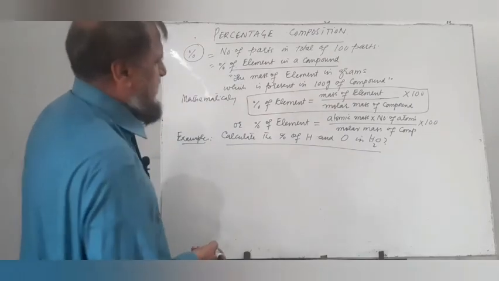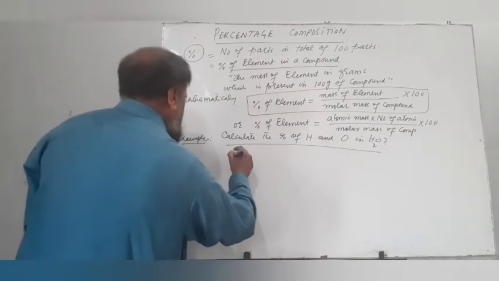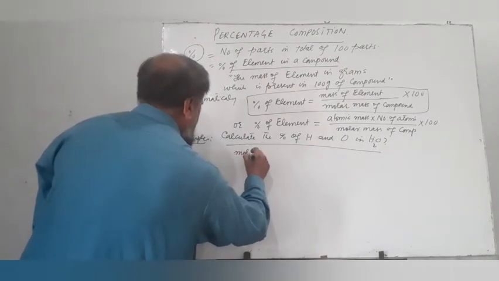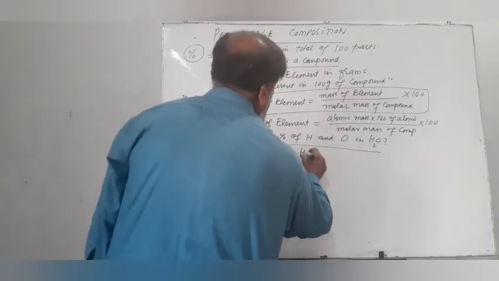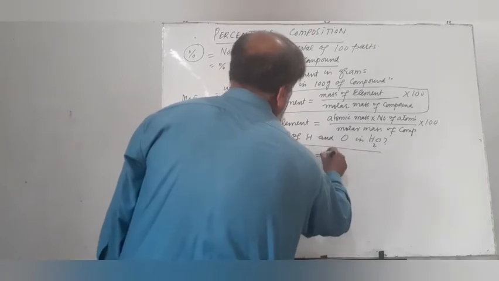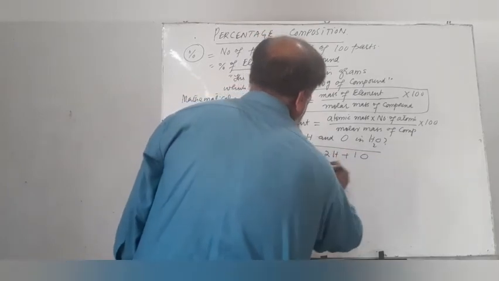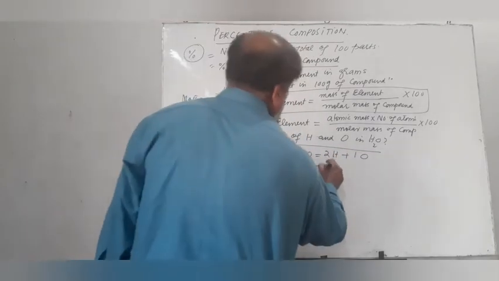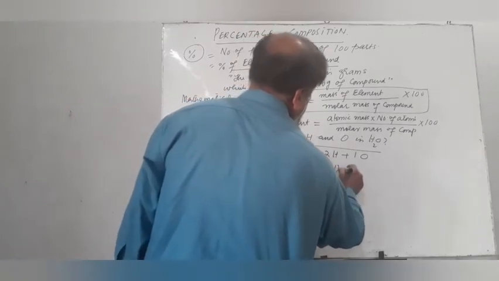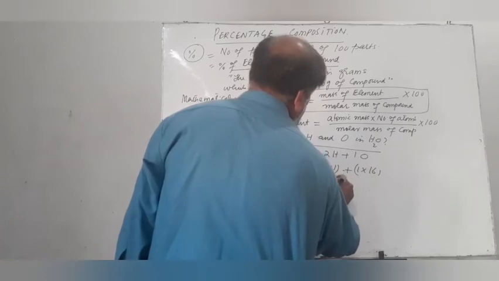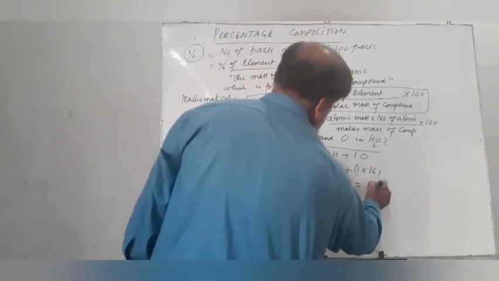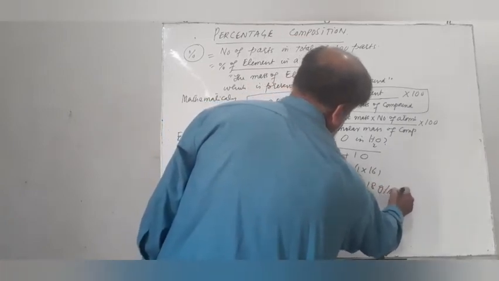To find out the percentage composition of water, we know that molar mass of water can be obtained. Water contains 2 hydrogen atoms and 1 oxygen atom, so it has 2 into 1 grams of hydrogen and 1 into 16. So the molar mass of water is 18 grams per mole.